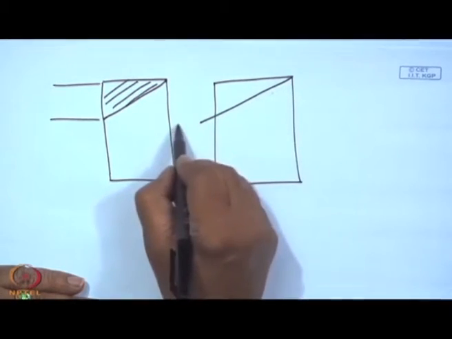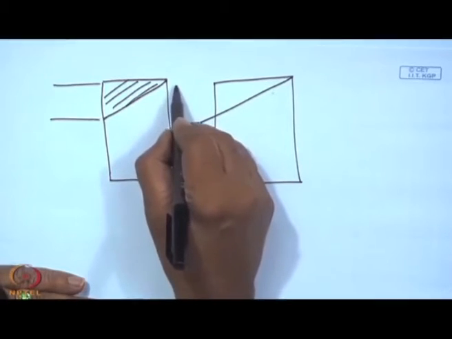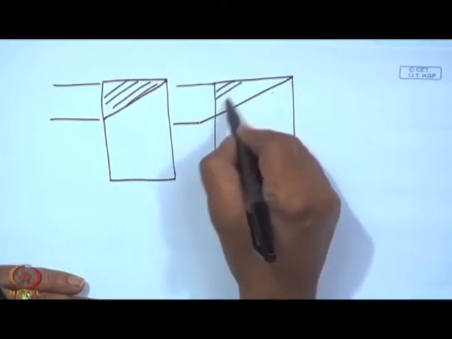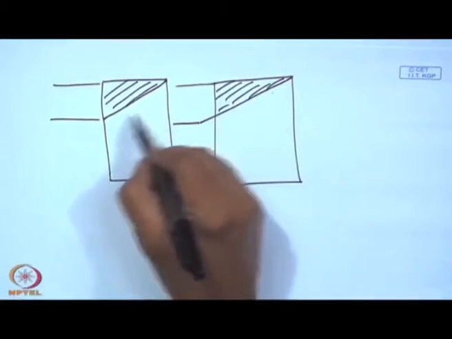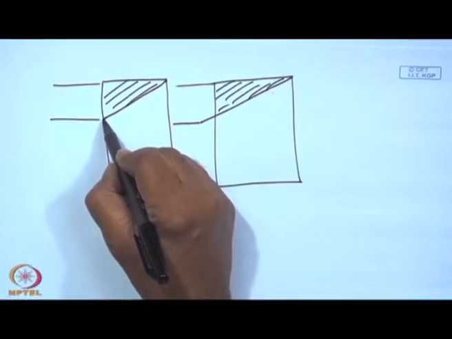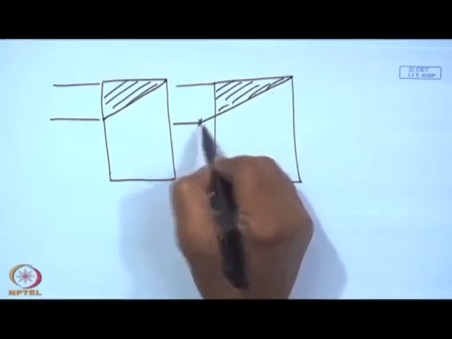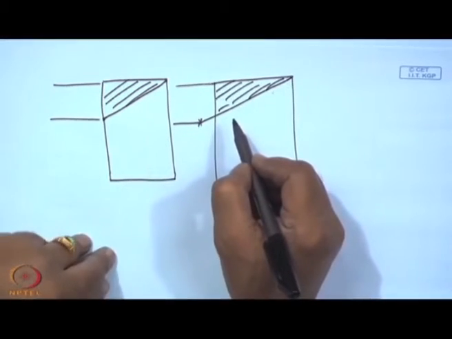It will not end here, but it may be like this. Okay. What we are trying to say is this edge may be on the edge of the window or may be below, beyond the window.